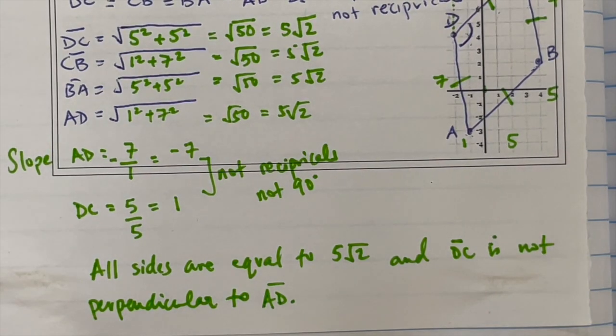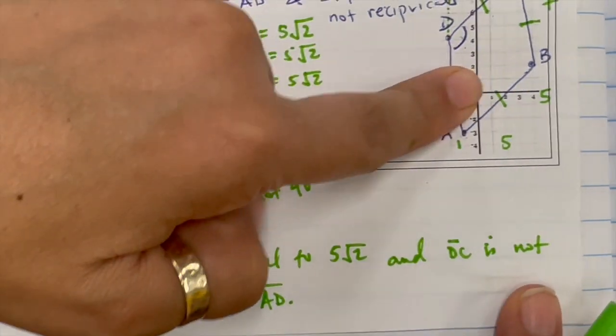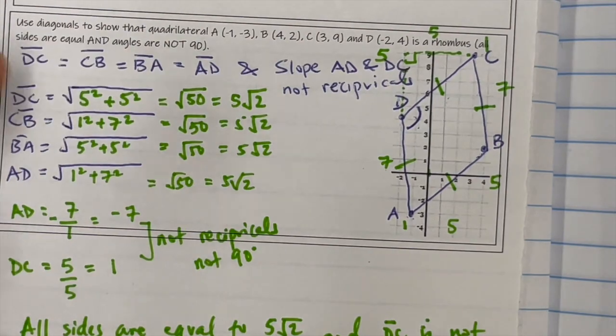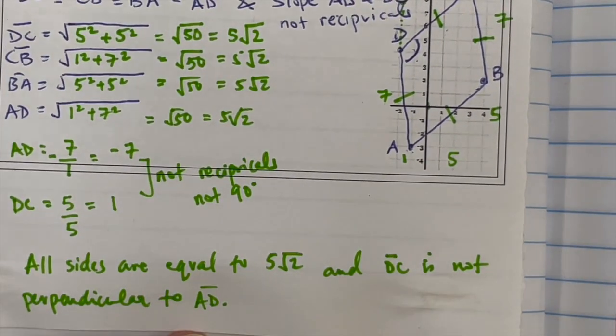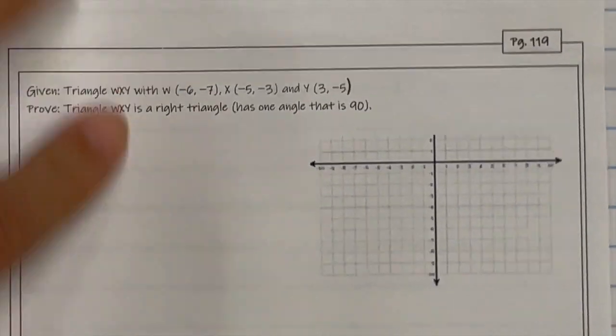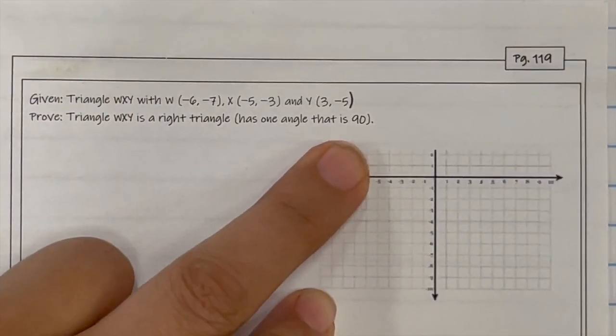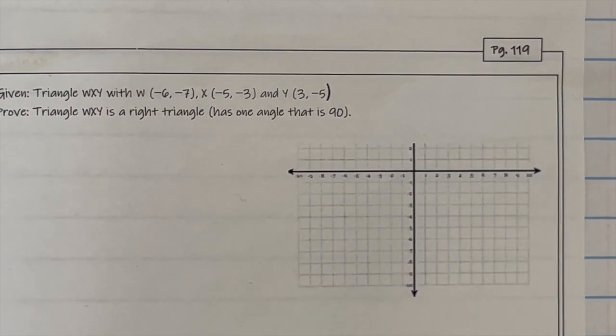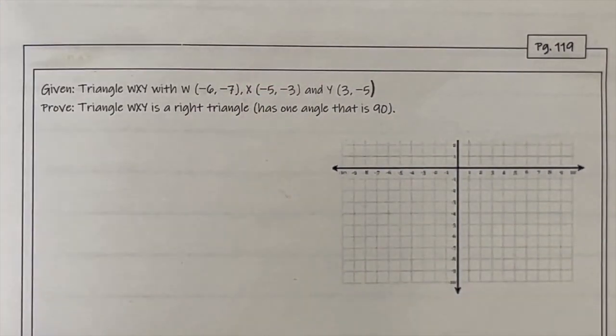All right, so again, you draw your picture, make a plan, show your work, and then have your concluding sentence that proves it. Okay, which is prove that it has a 90 degrees. So what does that mean? Again, that the reciprocal, when you flip it and change the sign, they're equal.